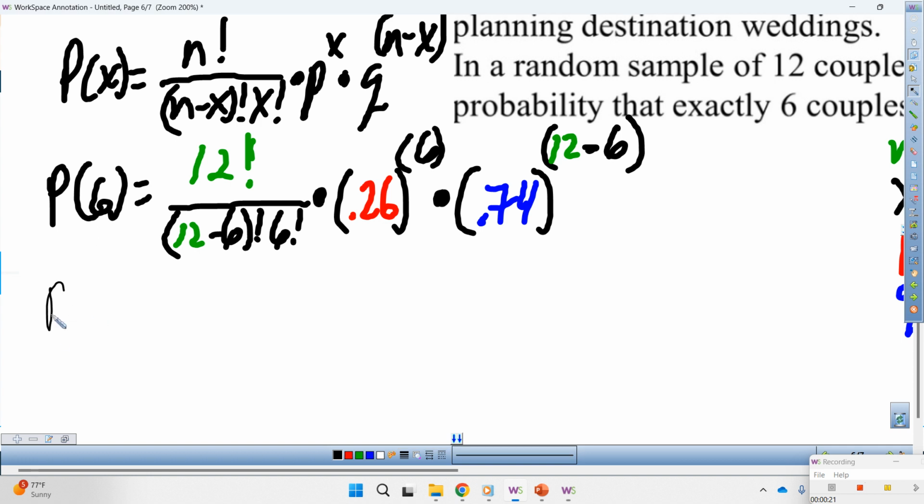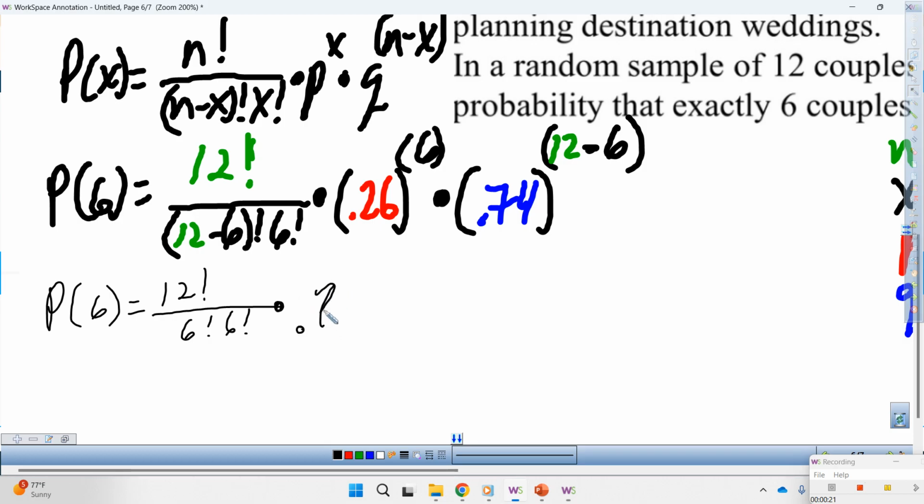So, P of 6 equals 12 factorial over 6 factorial, 6 factorial times 0.26 to the 6th power times 0.74 to the 6th power, because 12 minus 6 is that.